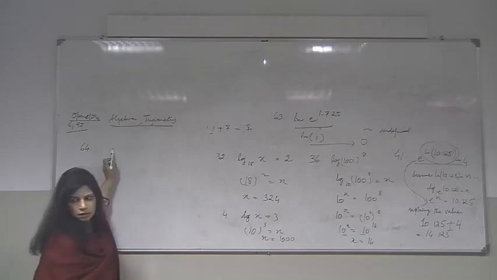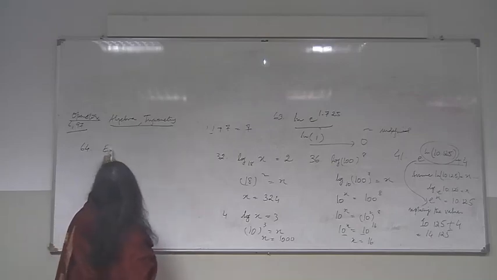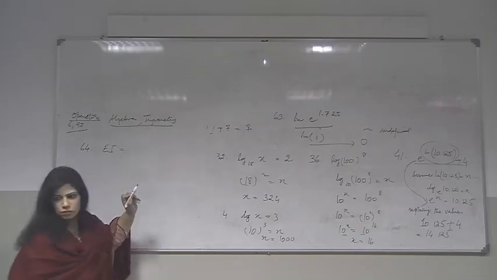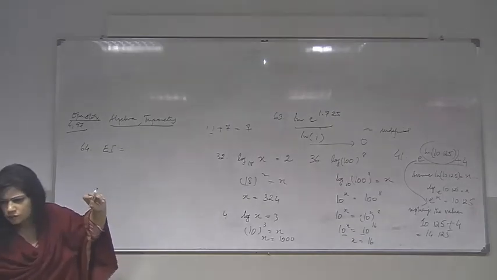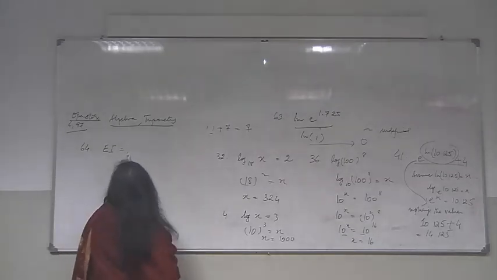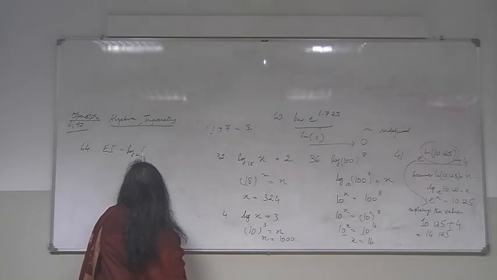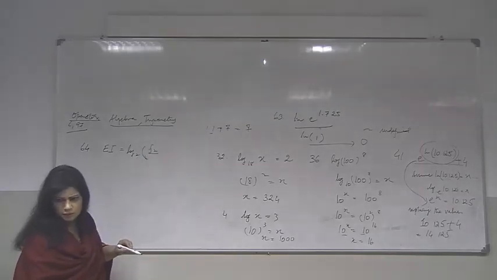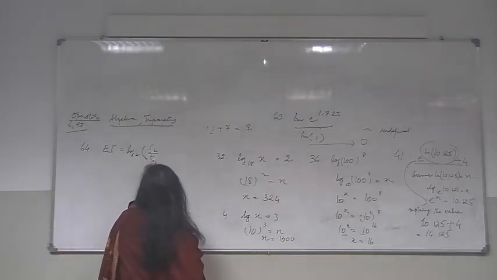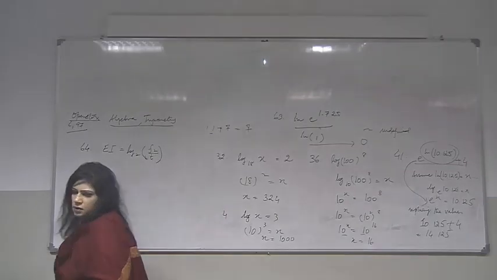It says EI is equal to log base 2 of F squared by T. So now what have they asked us to find out?